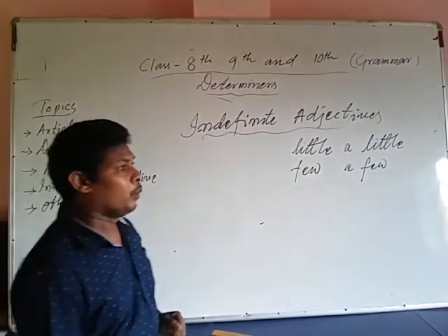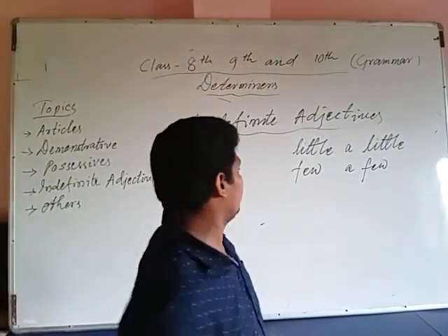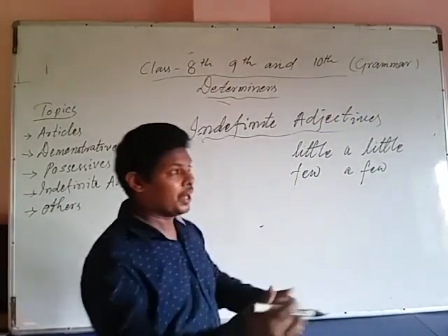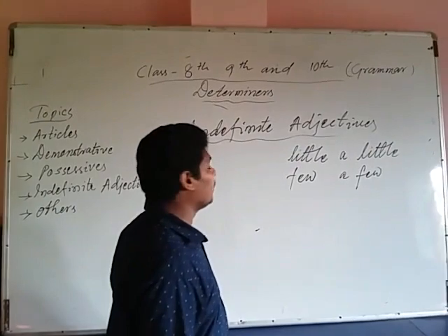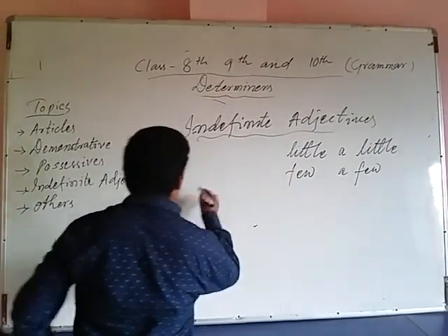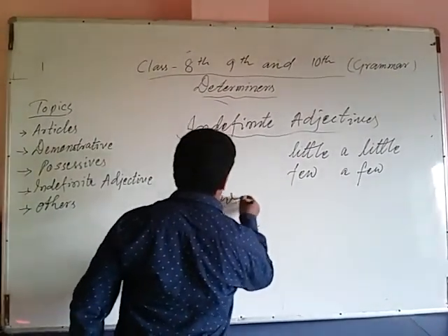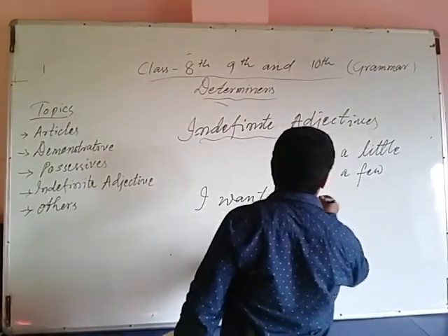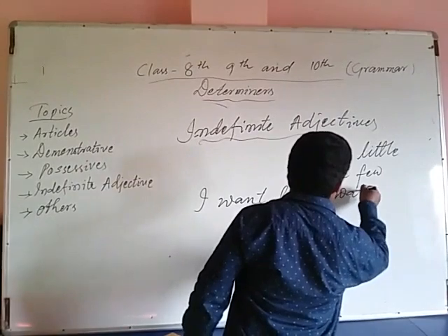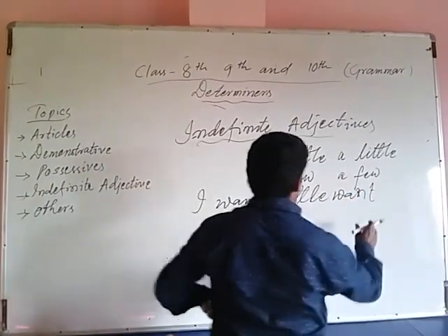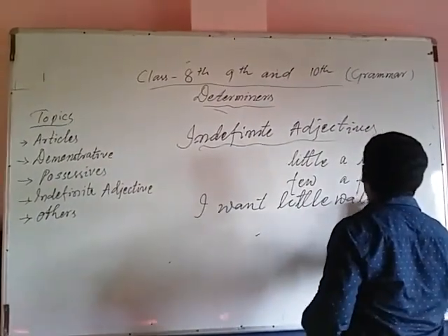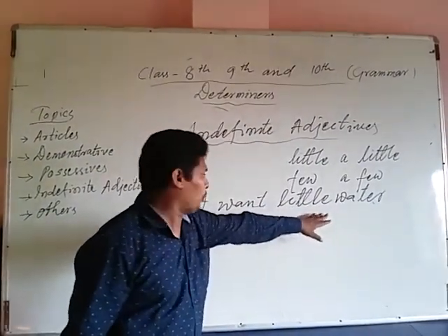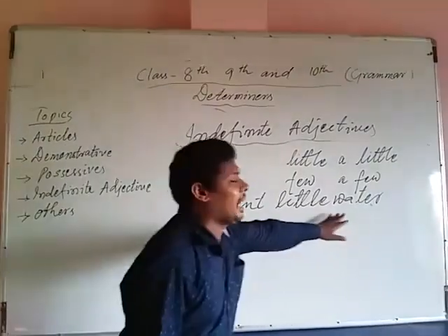And we can differentiate little, a little, and few, a few. Little, a little: when there is some positive answer, or when we put a question, yes, I want a little water. Here we expect something and we can get it.